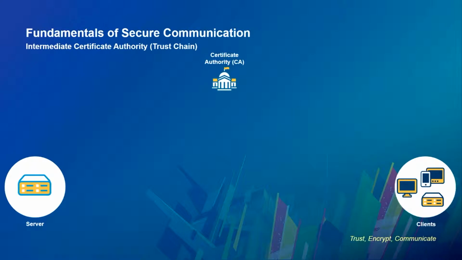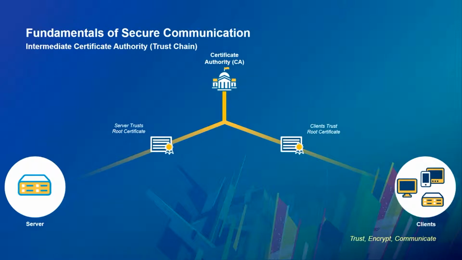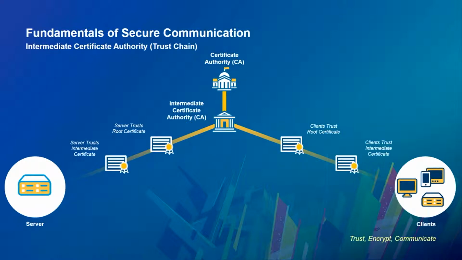Now, many of us also deal with intermediate certificate authorities as well. Just thought we would throw this out there so when you see these things, you'll know what those are. So you still have certificate authorities, but also a lot of times you'll have these intermediate certificate authorities. The certificate authorities may delegate through the process of the PKI infrastructure to an intermediate certificate authority, and then it's those that actually can sign and issue certificates from there.